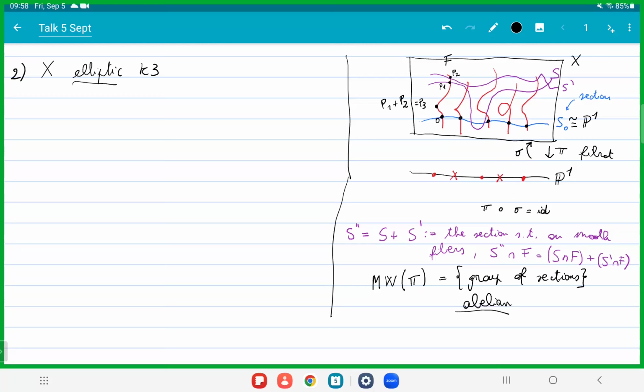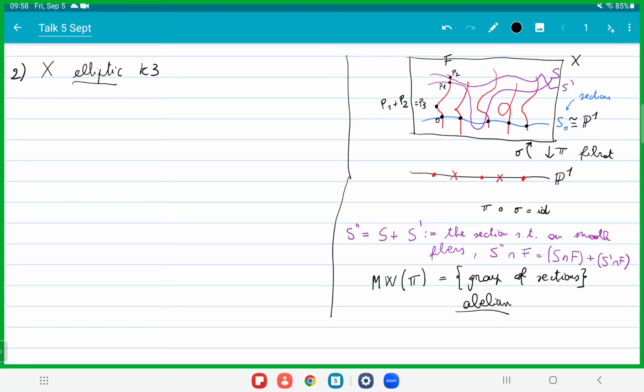Yeah. So if an elliptic K3 surface doesn't have any section, then there are fewer automorphisms? Or is it easier in that case? So it depends. I would say that it's more complicated because we'll see in a second that having a section imposes a strong condition on the Picard lattice that makes it easier to study.